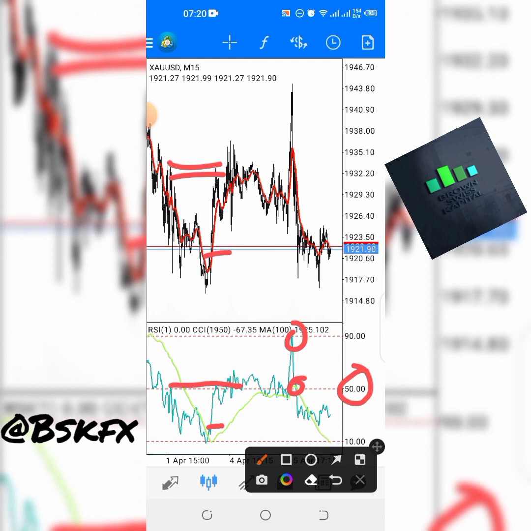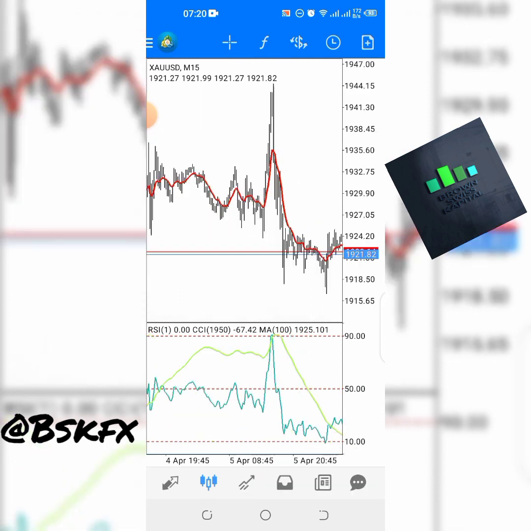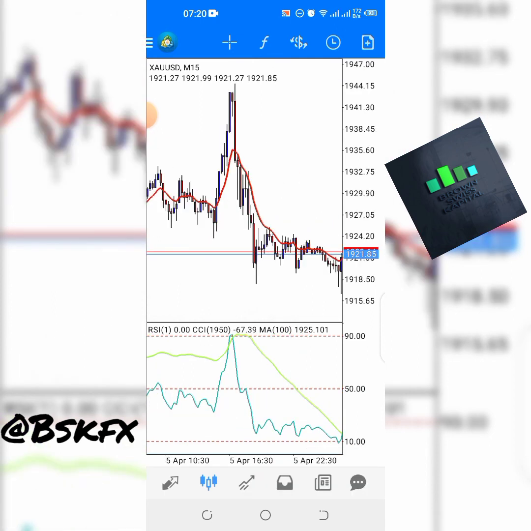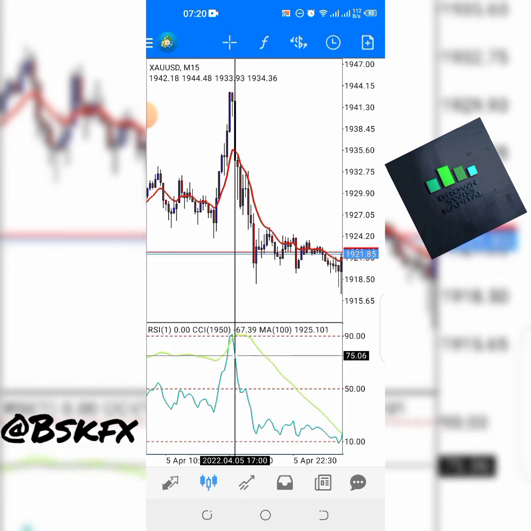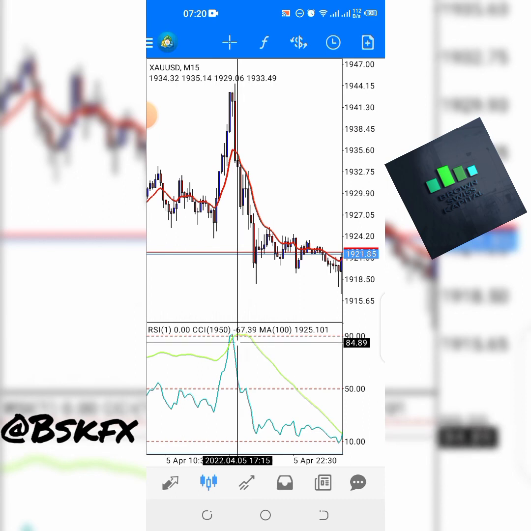Just today, it's another day, so it won't align like it was painting yesterday as the setup was coming together. So you can enter your sell after price closed below, then you could have taken this sell. Let me just zoom in so you see. Yeah, it was looking more like this, but with maximum zoom out.